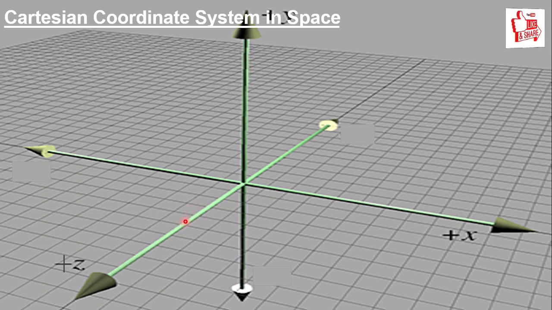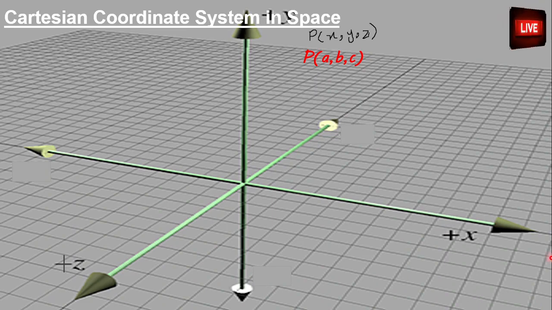The point in space is denoted as P(A, B, C), which is the substitution of point P(X, Y, Z), as we have discussed earlier. A indicates the units moved along the x-axis, B along the y-axis, and C along the z-axis.